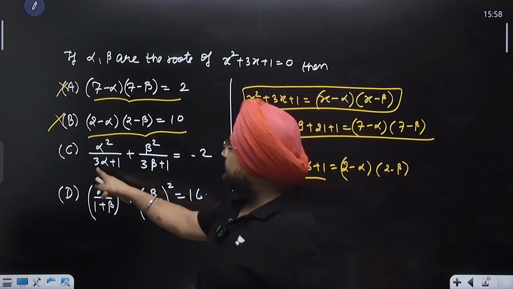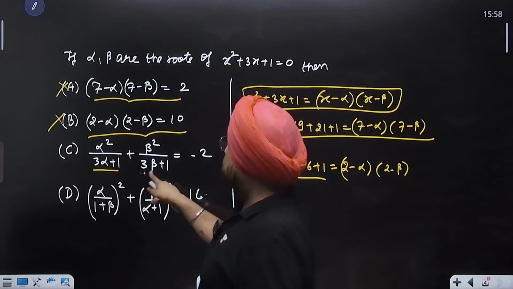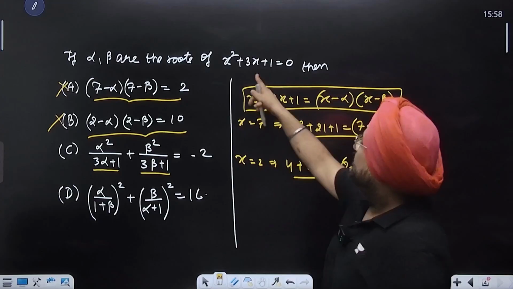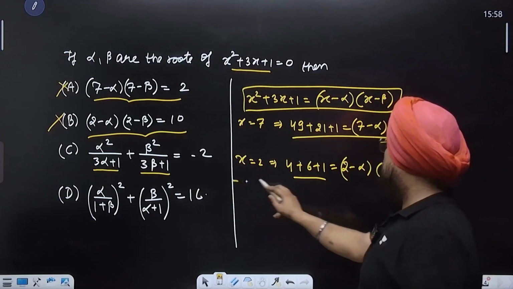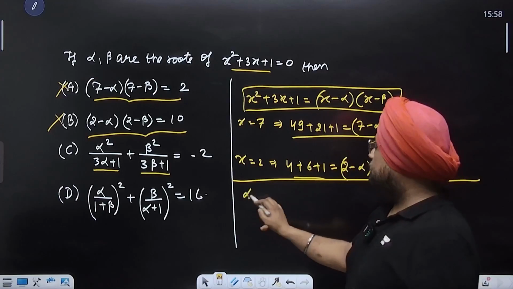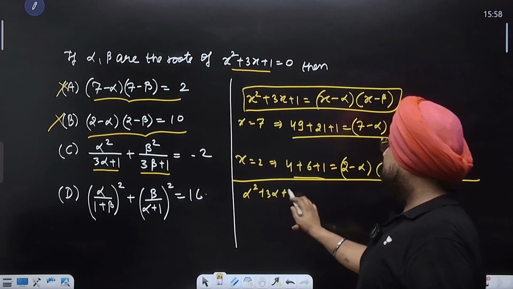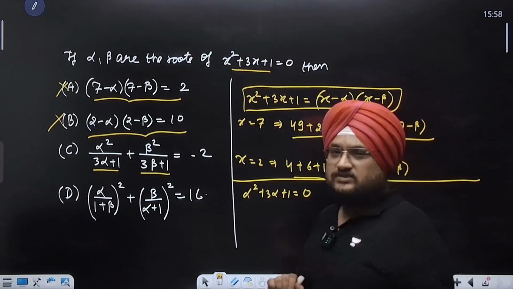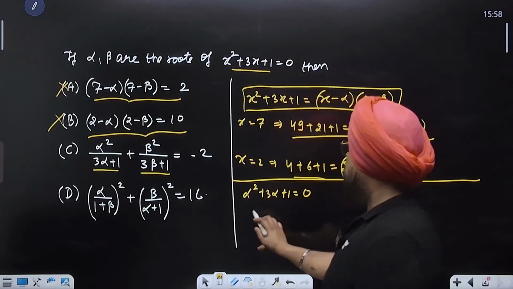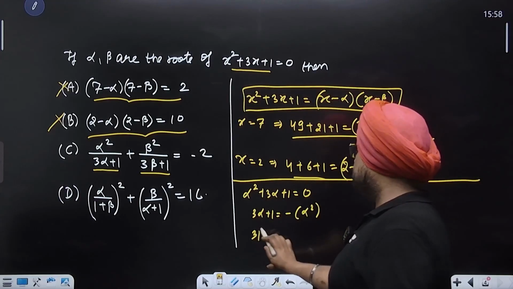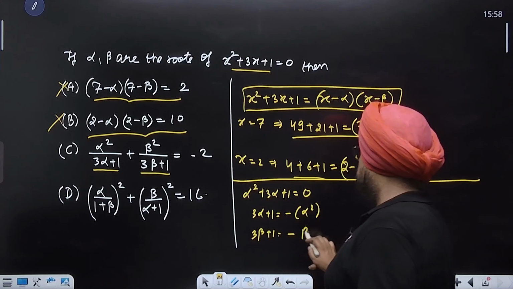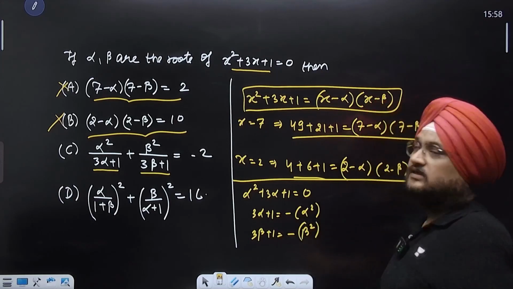See, here it is written 3 alpha plus 1 and 3 beta plus 1, and we have x square plus 3x plus 1. So if alpha and beta are the roots of this equation, then alpha square plus 3 alpha plus 1 will be equal to 0. So I can say 3 alpha plus 1 is equal to minus alpha square. Similarly, 3 beta plus 1 is equal to minus beta square.